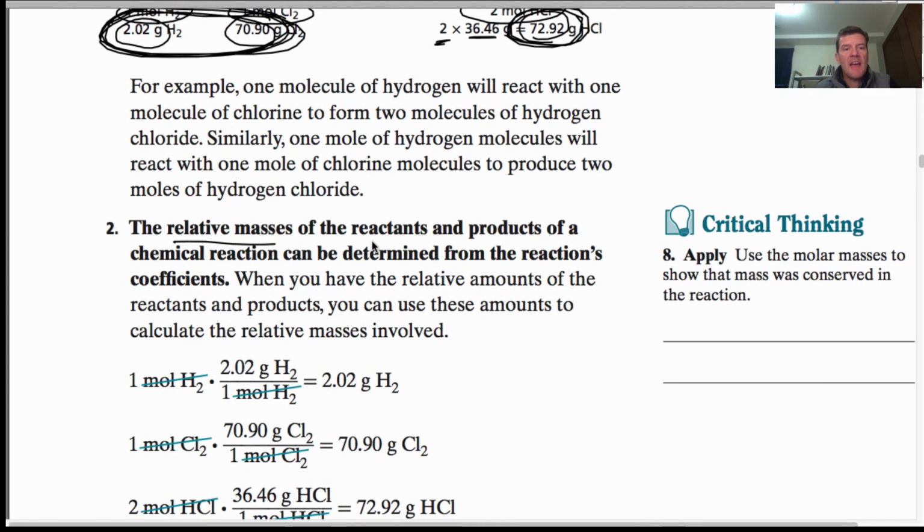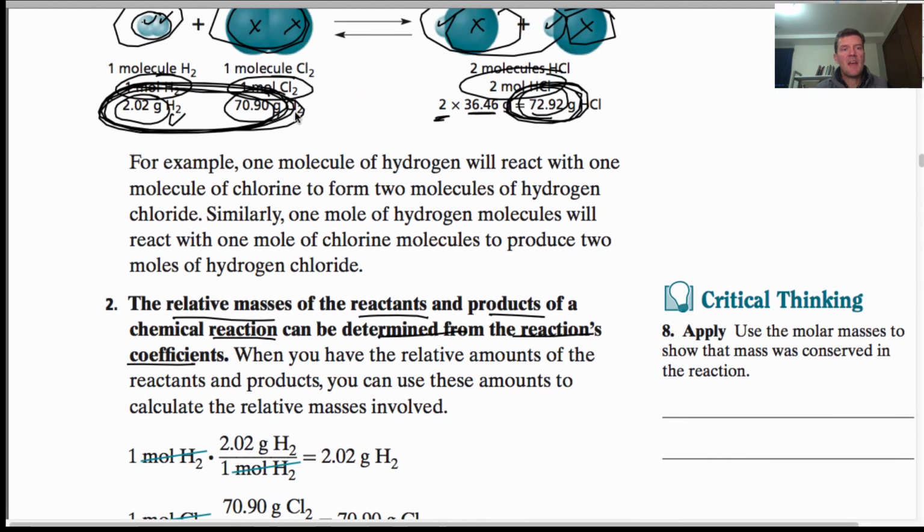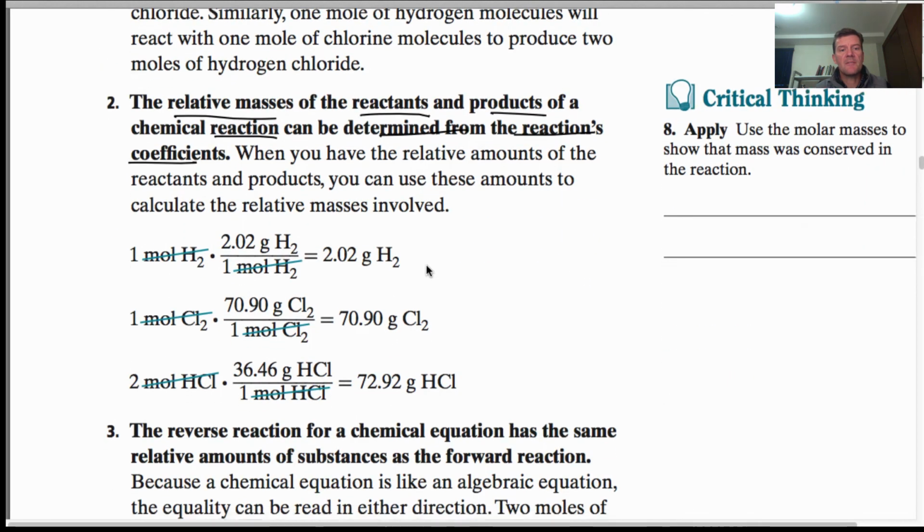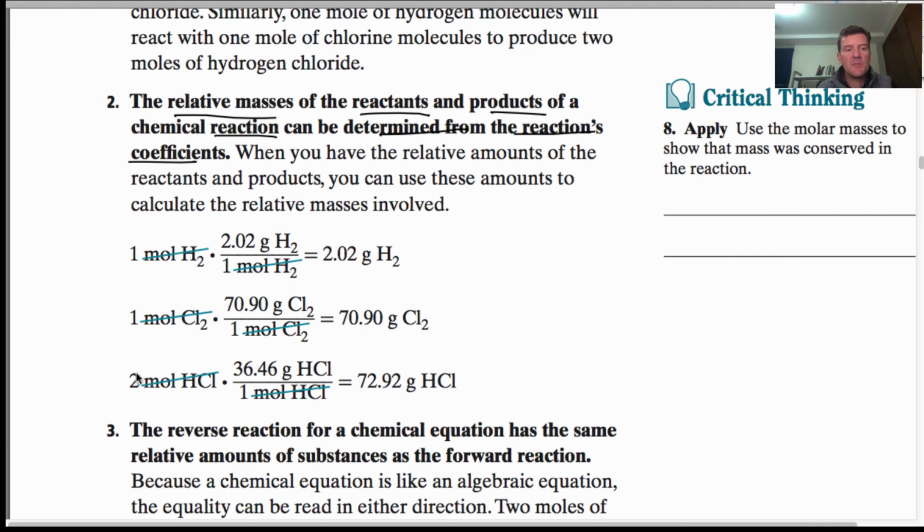The relative masses of the reactants and products of a chemical reaction can be determined from the reaction's coefficients. Okay, again, that's just showing you exactly what we did up here, that the masses are conserved. We can look at it individually, but notice that here we're using the coefficients.